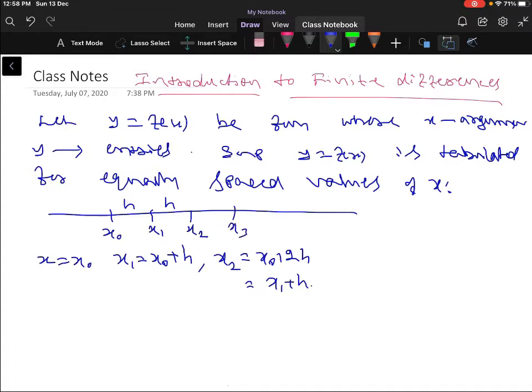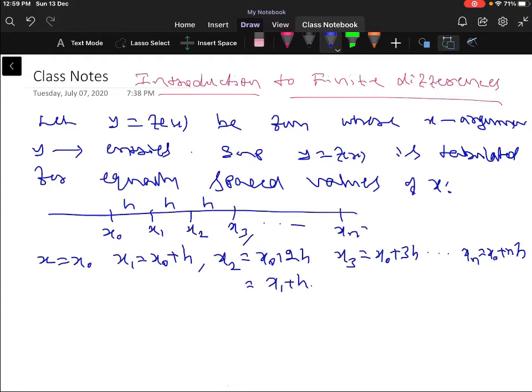So x3 is equal to x0 plus 3h. The difference between x3 and x2 again is h. The difference between x3 and x0 is 3h, and so on.